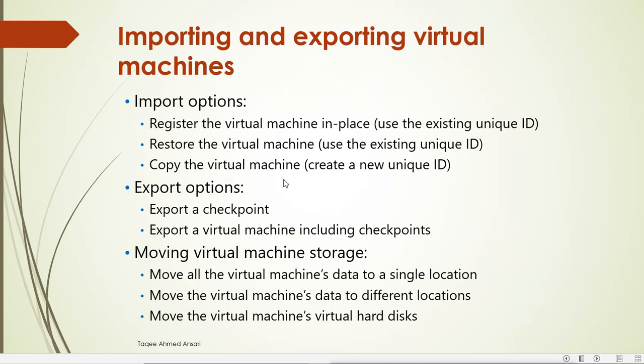We can export that virtual machine into a file, and when anything goes wrong with that machine, we can recover it by restoring from the exported file. We can import it from there and select restore the virtual machine, using the existing unique ID. So in both cases, register the virtual machine in place or restore the virtual machine, both will use the same unique ID.